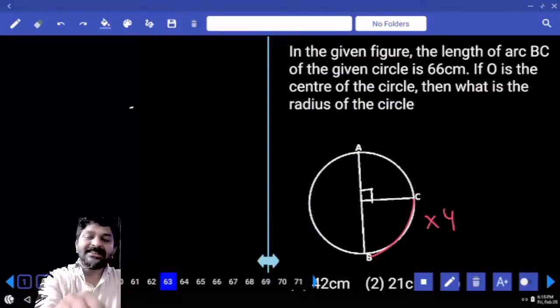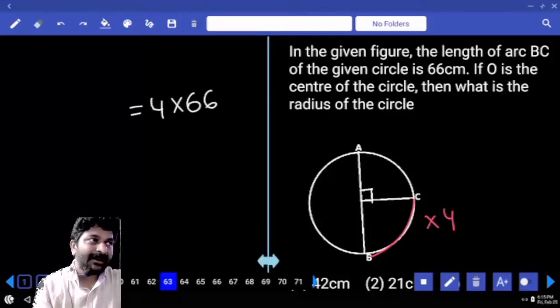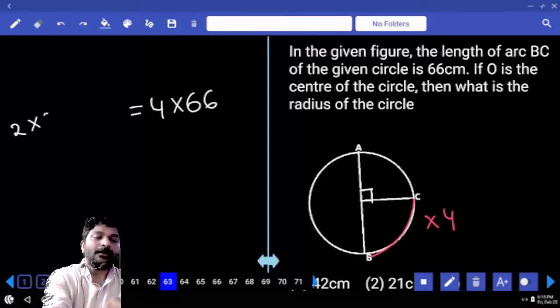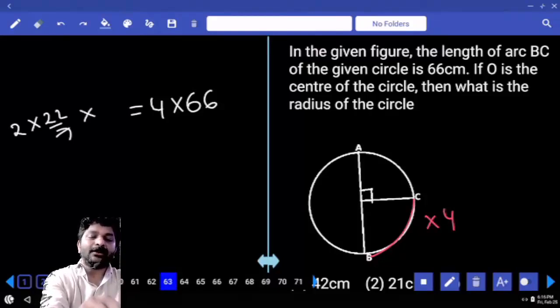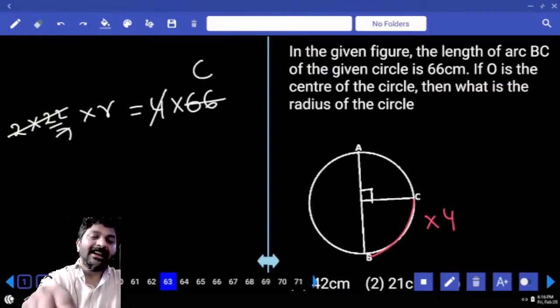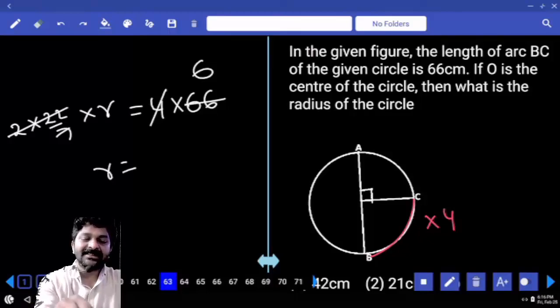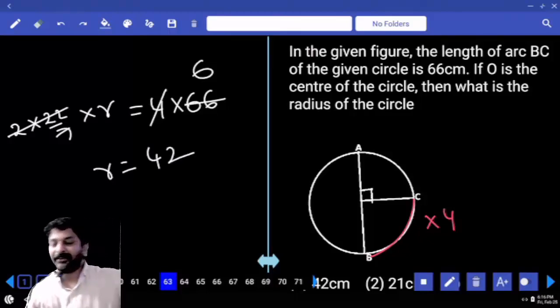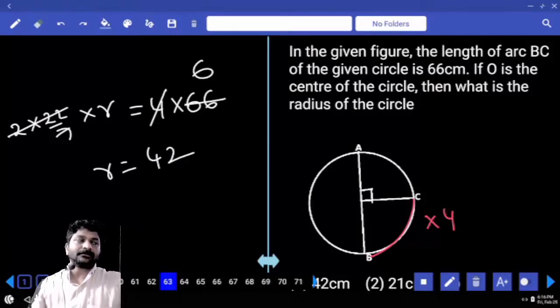So perimeter is equal to 4 multiplied by BC length, which is 66. That is perimeter, 2 pi r. 2 into 22 by 7 into r. 2 into 22, 44. 4 cancellation, 11 cancellation. Then radius is equal to 6 into 7, which is 42. Clear?